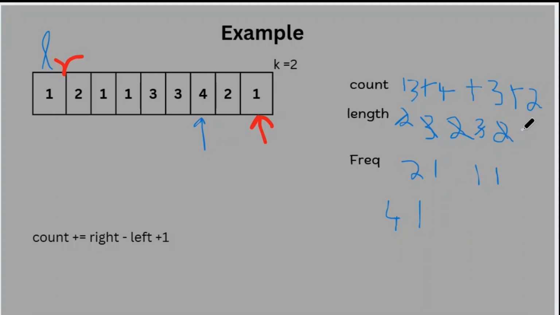So length will be changed to 3, and now we are going to increment the left pointer. When the left pointer gets incremented, 4 will be reduced to 0, so we have to delete this element and length changes back to 2.